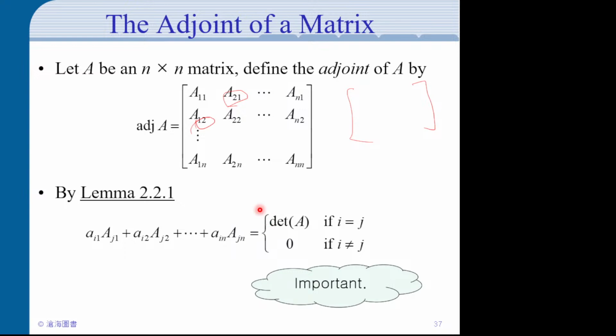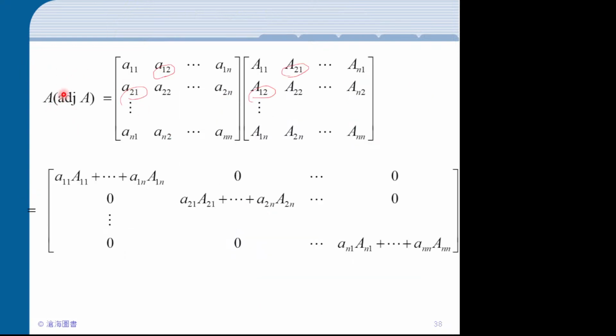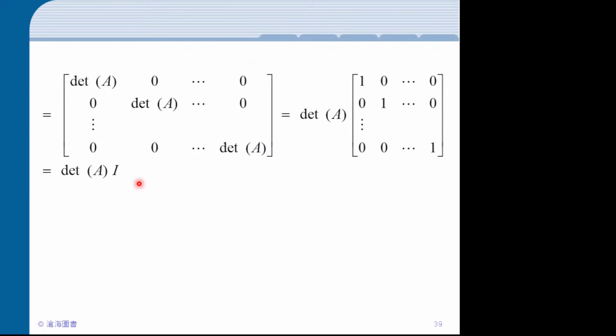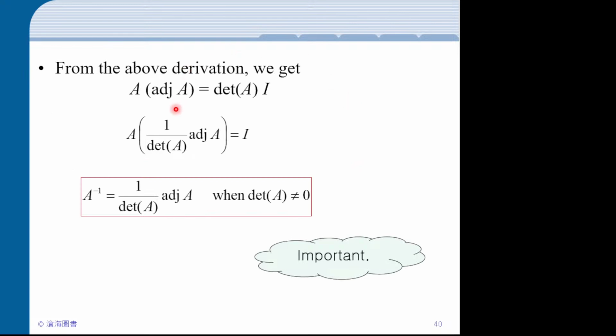Then you think about this matrix and this cofactor matrix, and you see that there is a diagonal matrix with all the determinant, so you just get determinant times identity, and you see that this adjoint is actually very similar to A inverse. So you can find A inverse by writing down the adjoint matrix, then dividing by the determinant.